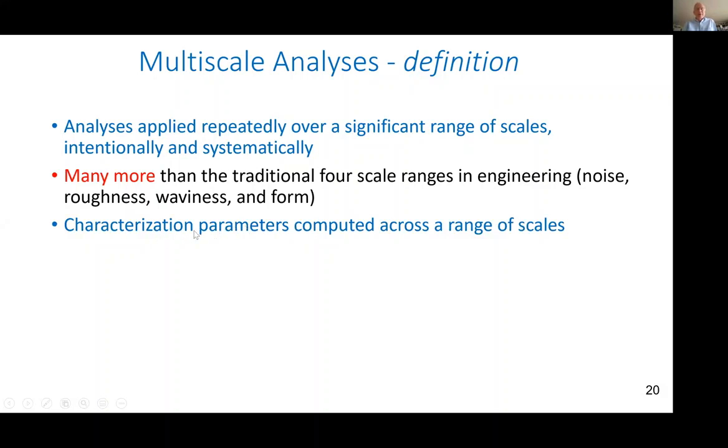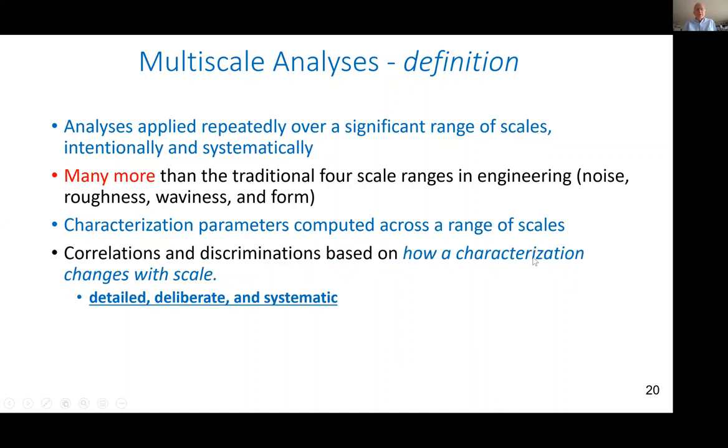We need characterization parameters that are computed across a range of scales, and then we need to do correlations and discriminations based on scale. The multi-scale characterizations change with scale in a deliberate, detailed, systematic way. Then we're going to do scale-based discrimination or scale-based correlations, and I'll show you some examples in a moment.